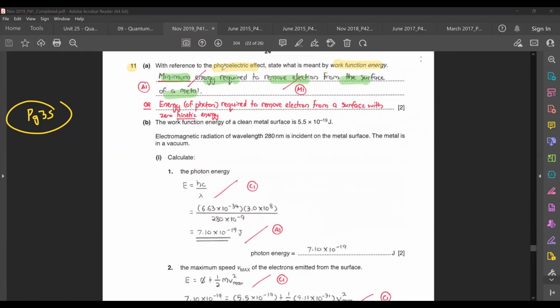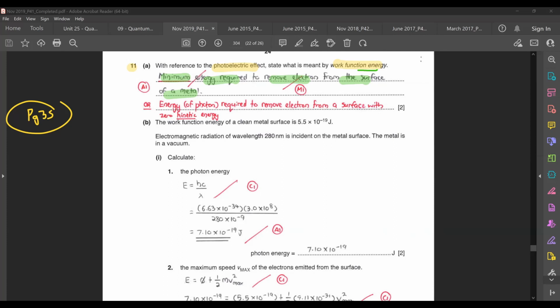surface of a metal. Now this one is a question from 2019, but in the years after that, when it asks you to define work function energy, there was one particular addition to the definition that they specifically wanted.